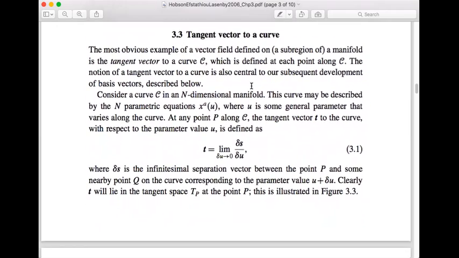Okay. Let's move on now to the key concept of a tangent vector to a curve. So this is really how we're going to define vectors in a curved manifold.